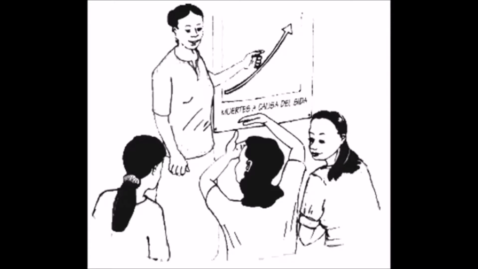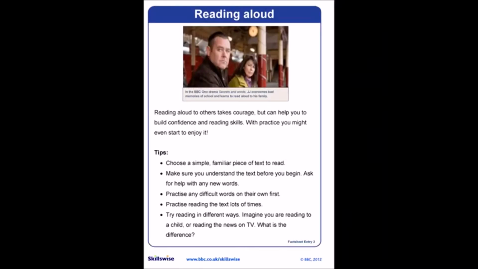Also, this test takes into account the linguistic skills that we use every single day. That means the vocabulary that you use when you go to the cinema, to the shop, to the market, those places.